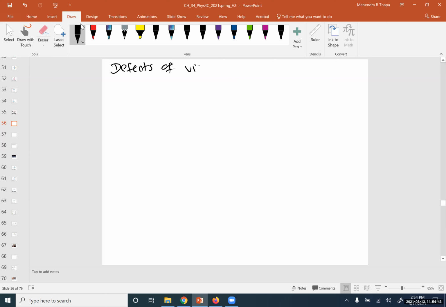The first one we'll talk about is myopia, which is also called nearsightedness.